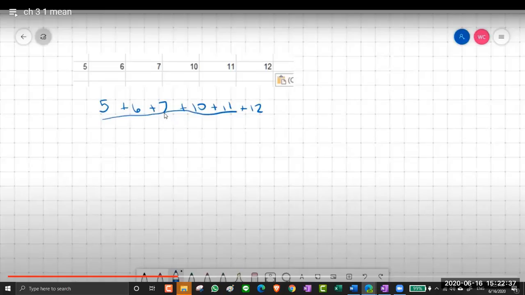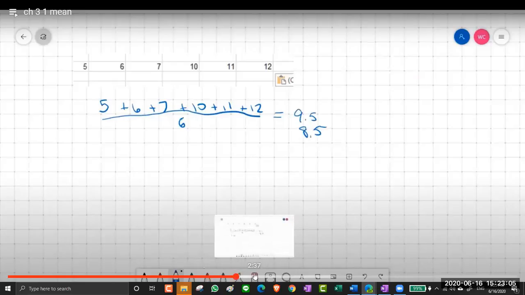So what's the distance between 7 and 10? 3, of course. If you go halfway, you're going 1.5 up. So 1.5 from 7 is 8.5. So the mean is going to be 8.5. First I made a mistake and called it 9.5, but then I realized it was 8.5. So that's the mean, 8.5.